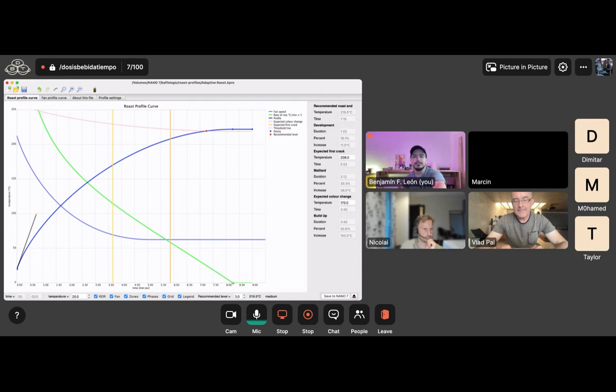I would say that this part of the profile is more a quirk of the software than anything else. After 8:20, it's not a transfer of energy to the bean, it's baking. Well, I mean, it's keeping the temperature constant.